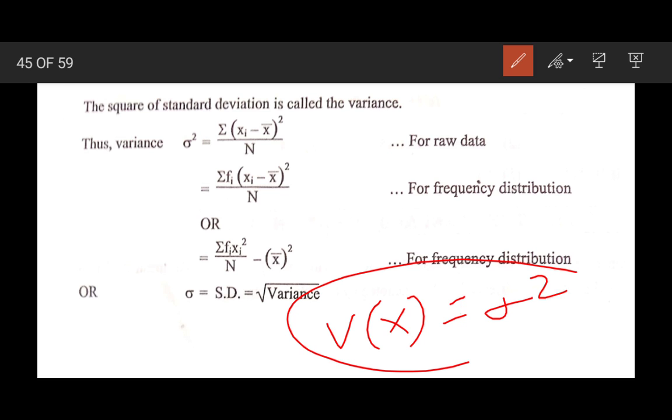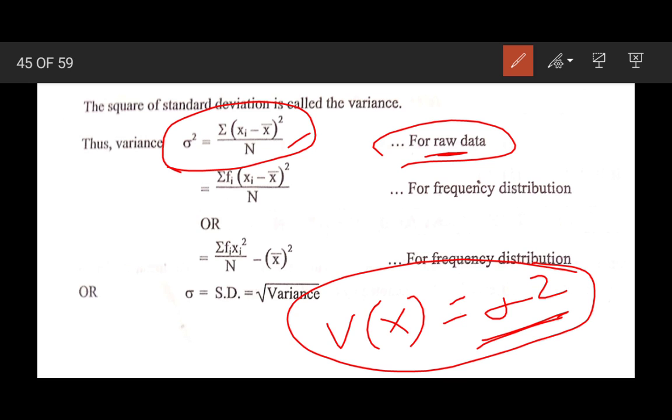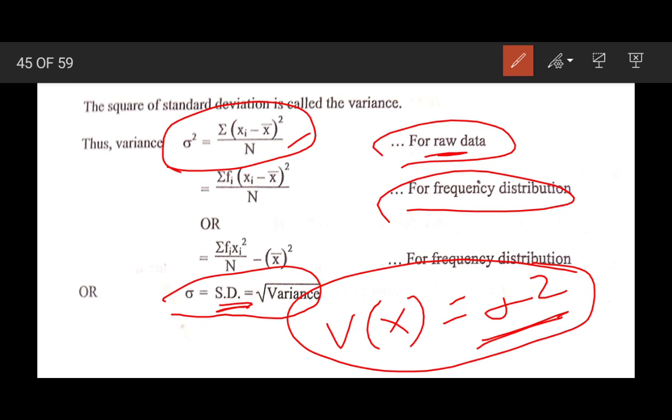Thus variance, sigma square, is equal to summation of (x minus x bar) whole square upon n for ungrouped data, raw data, and that is equal to summation of f into (x minus x bar) whole square upon n for grouped data. So the relation is: sigma, the standard deviation, is equal to the root of variance. Since variance is sigma square, sigma will be the root of variance, right?